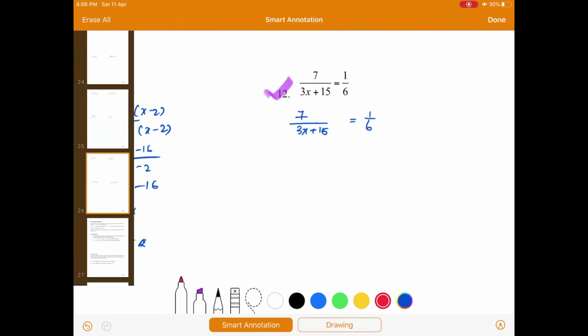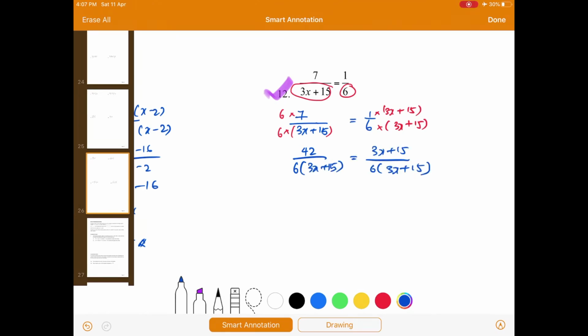Question 12. The lowest common multiple of the two denominators is 6 multiplied by 3x plus 15. So on the left hand side, we have to multiply the numerator and denominator by 6. On the right hand side, you have to multiply by 3x plus 15 for the numerator and denominator. So we will get 42 in the numerator.